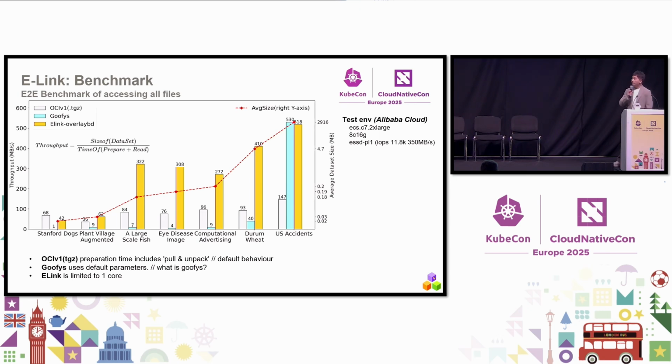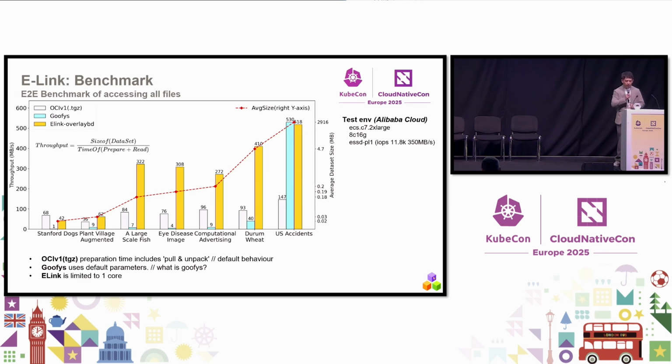In this test, we add the preparation time. The preparation time for OCI images includes the downloading and unpacking, which is the default behavior for creating an OCI volume mount point. For Goofys and E-Link, the preparation time includes the time taken to create a mount point and build the file system metadata.